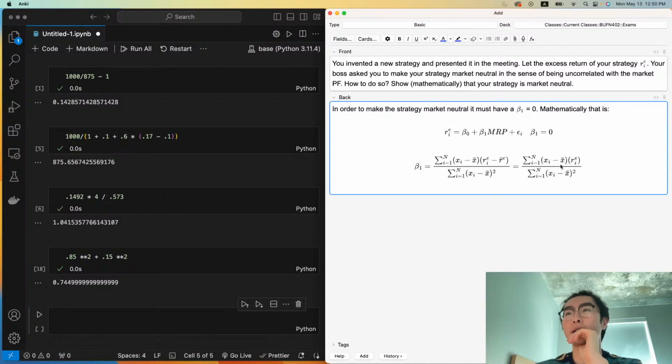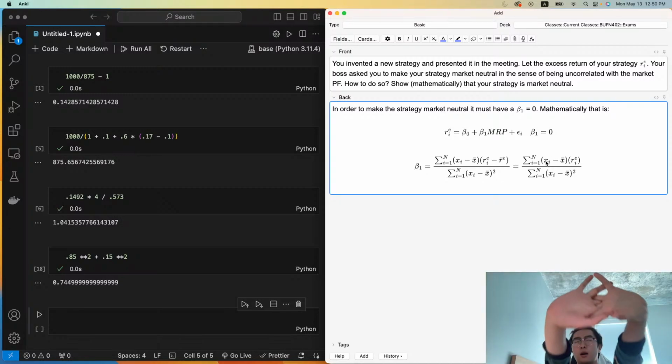So x_i minus x bar, this is the expected return of the market, or sample average of the market. This is the actual realized in the market.